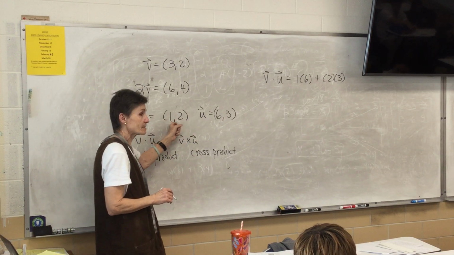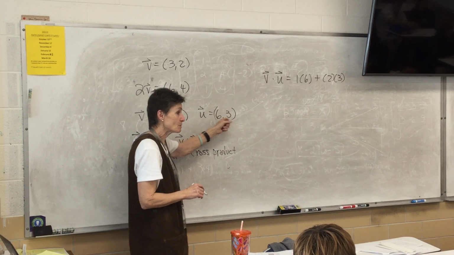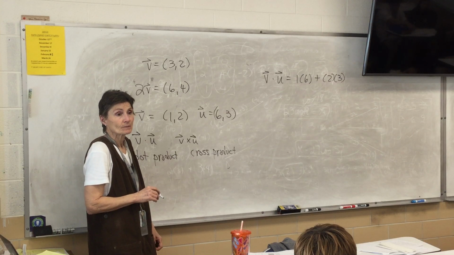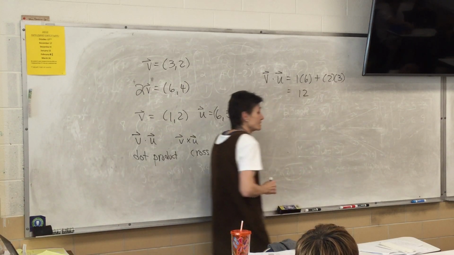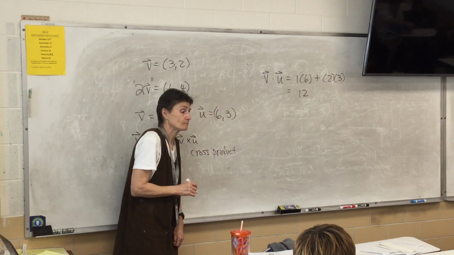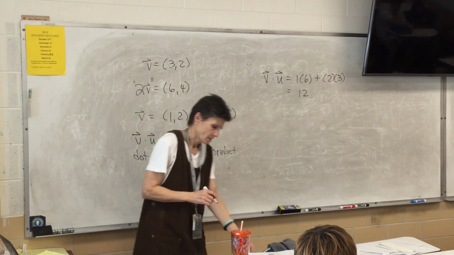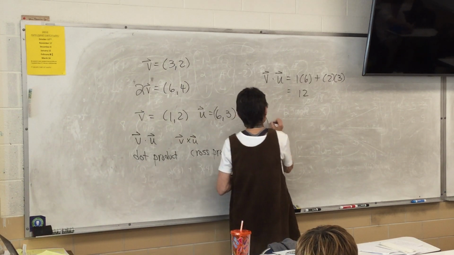I took x times x and y times y, and I add them up. So the answer to the problem is 12. The dot product is 12. That's very easy. All right, let's try the next one.